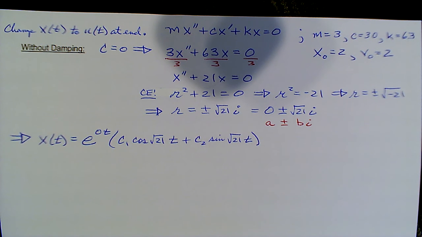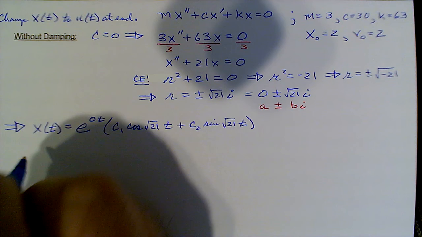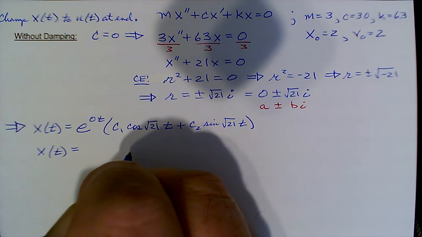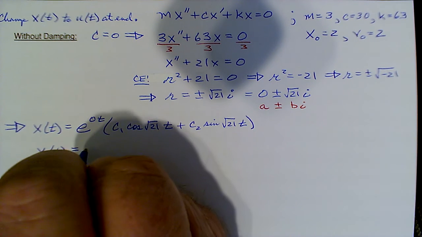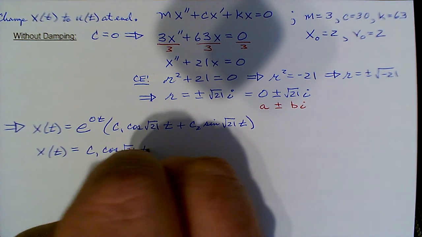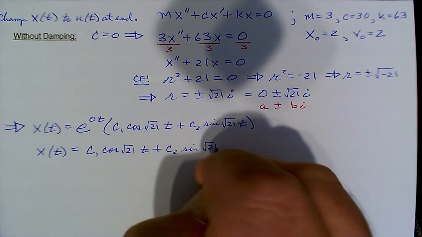Now, this is the one thing about the textbook questions that sometimes is a little tedious, because square root of 21 obviously is not the prettiest thing to work with. But consider the fact that e to the 0 is 1, so we just get c1 cosine of square root of 21t plus c2 sine of the square root of 21t.